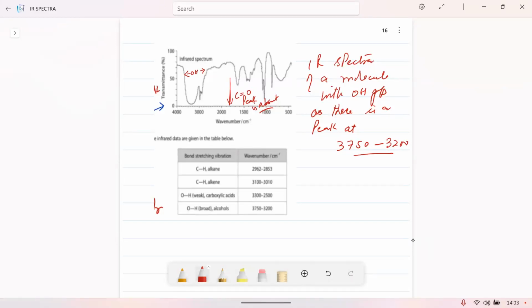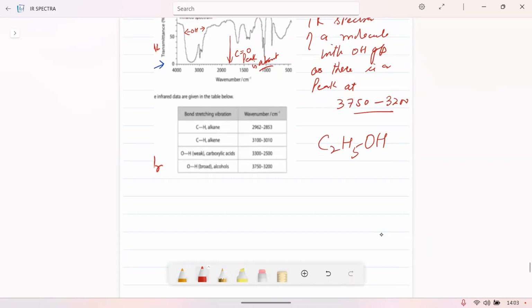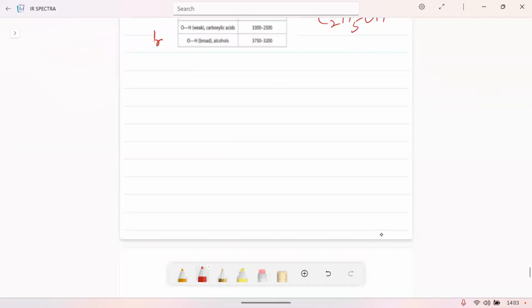Finish. So that proves that your molecule is C2H5OH. So mainly you will be identifying the molecule based on the wave number. That is what you have to do. That's the main thing for the IR. And this finishes your IR spectrum.